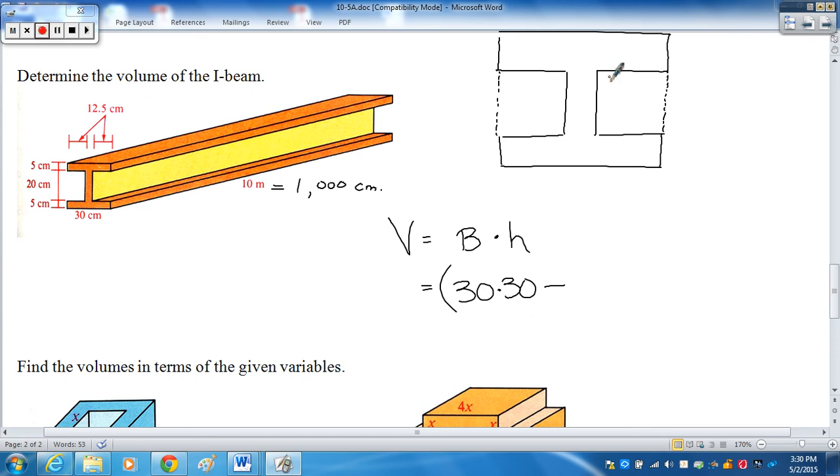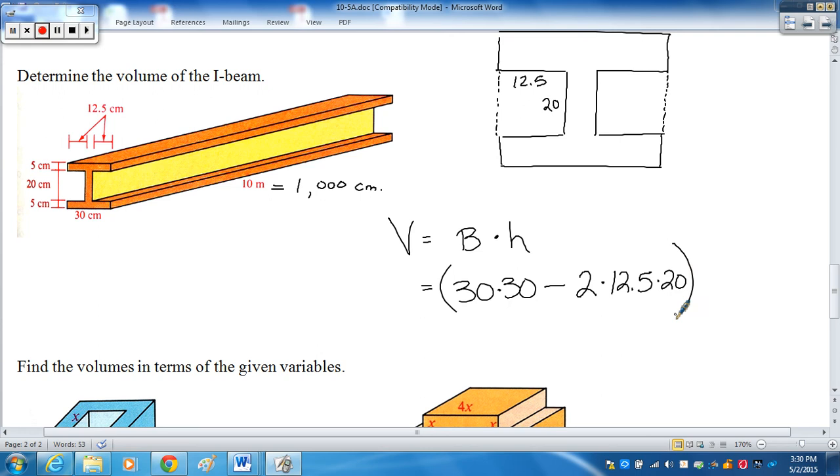Now, in the picture there, this is 12 and a half. You see that up here. That's what that's referring to, this length here and this length here. 12 and a half by 20, okay? So I'm going to subtract two rectangles, each with dimensions 12 and a half by 20, okay?